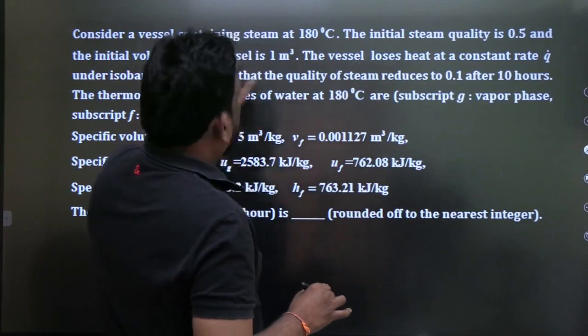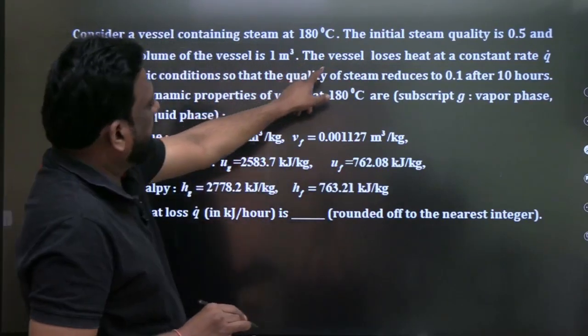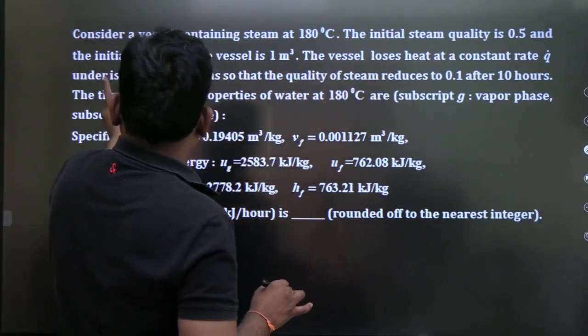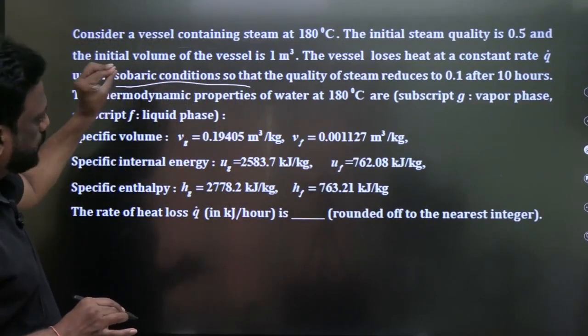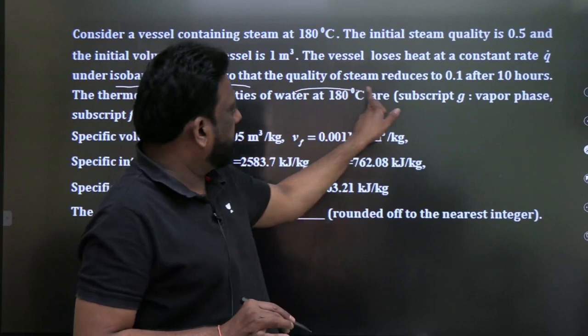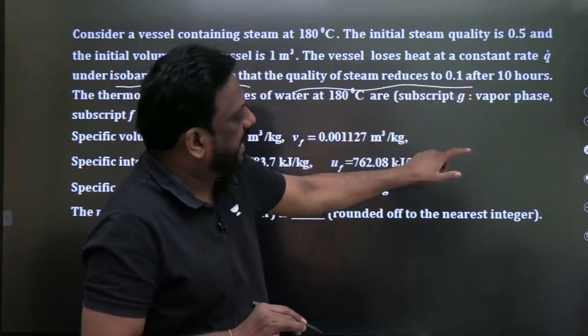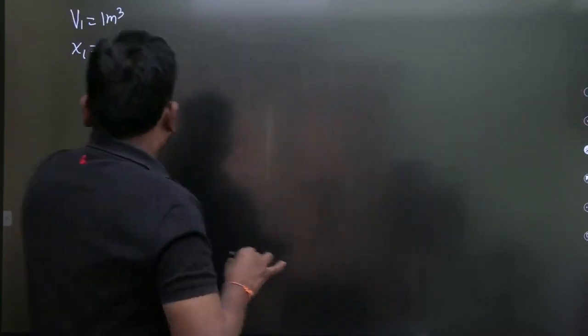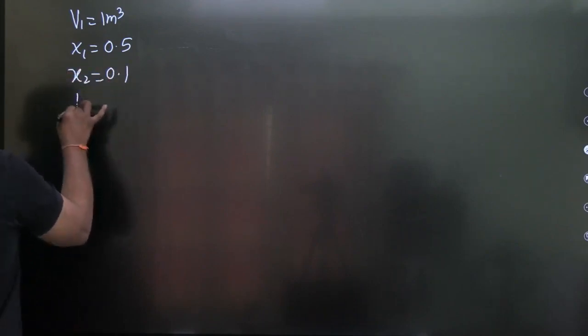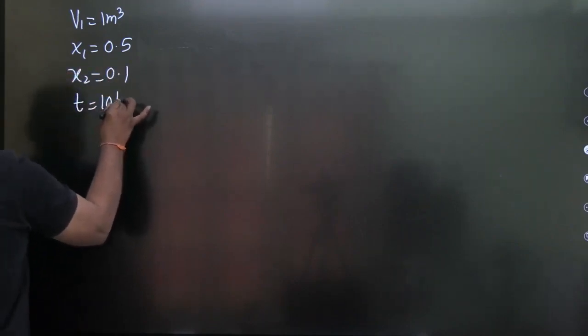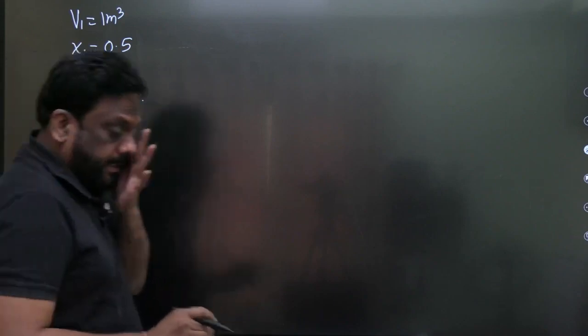The vessel loses heat at a constant rate under isobaric conditions. Means at a constant pressure it is losing heat, so that the quality of the steam reduces to 0.1 in 10 hours. That is, the final dryness fraction is 0.1 and it is occurring in 10 hours.